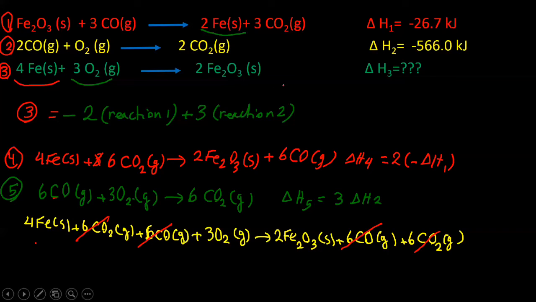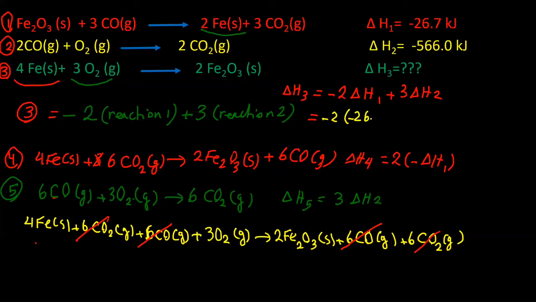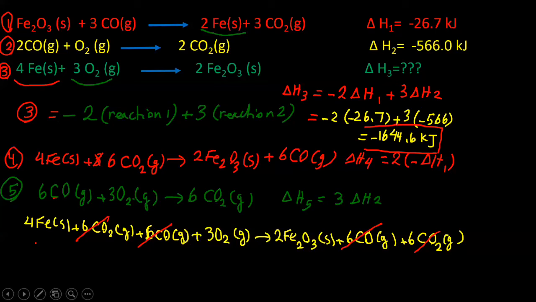As a result, we can say delta H for reaction number 3 is equal to negative 2 delta H1 plus 3 times delta H2. And it's equal to this number. Okay, I hope you found this video helpful and thank you for watching.